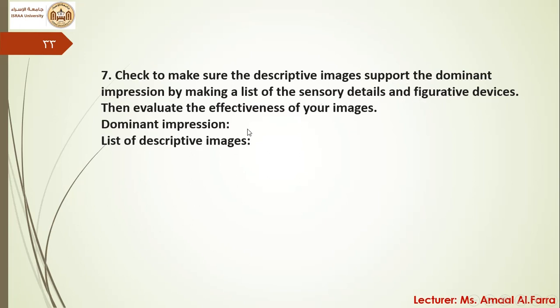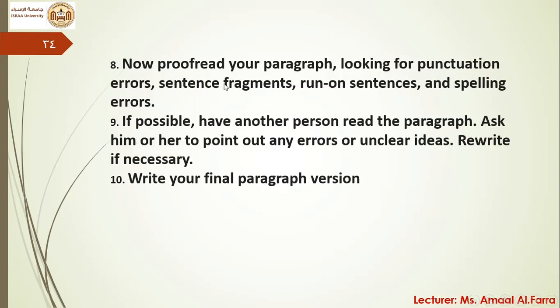For example, you write the dominant impression here, and you write the list of descriptive images that you added. Then ask yourself, do they support the dominant impression or not? In number 8, proofread your paragraph. Then in number 9, ask somebody else to read the paragraph to see if there are any errors that you can correct. And in step number 10, you can write your final paragraph version in order to submit it to your instructor.